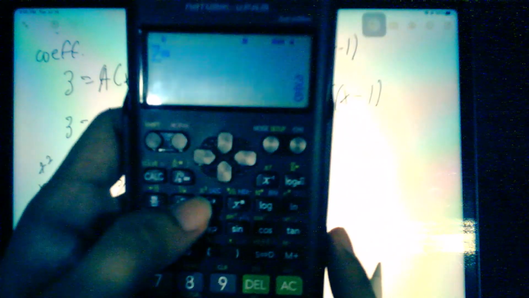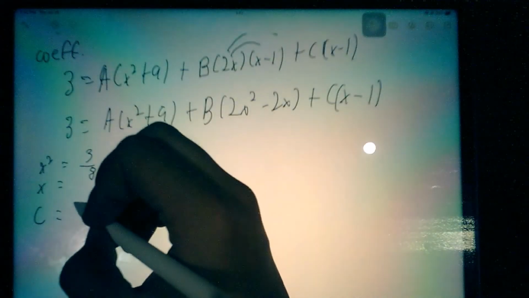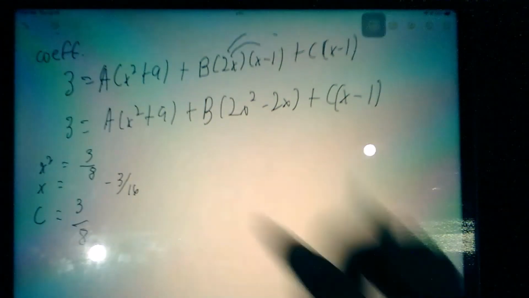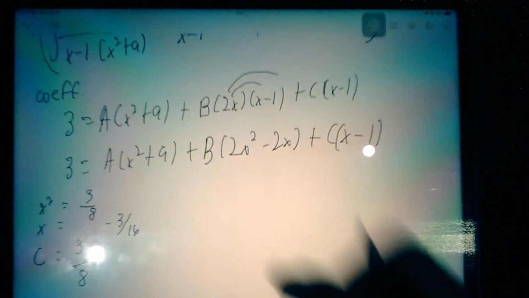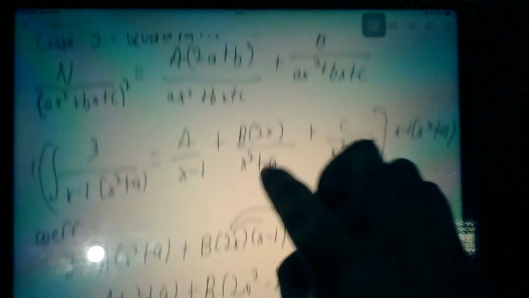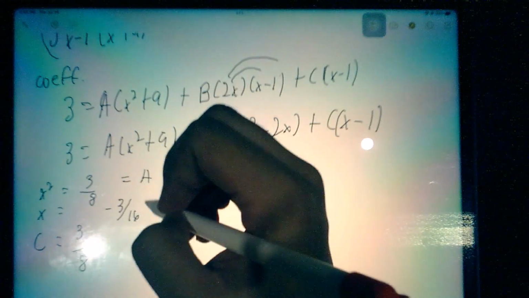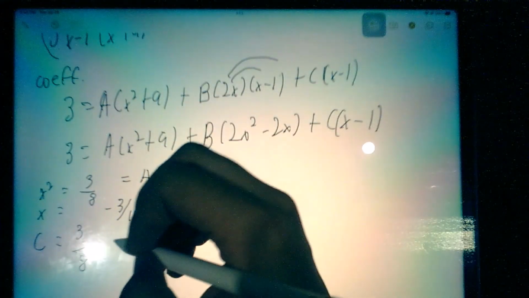And lastly, our c here is equals to 3 over 8. Now we have our values for our problem here. So this is a, this is b, and this is c.